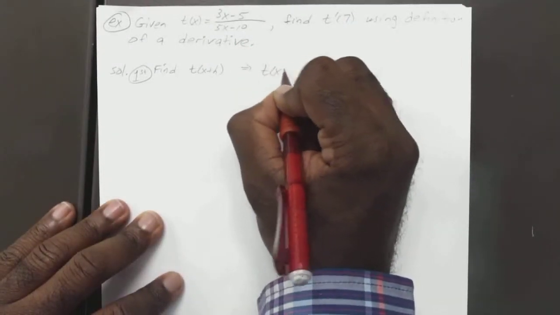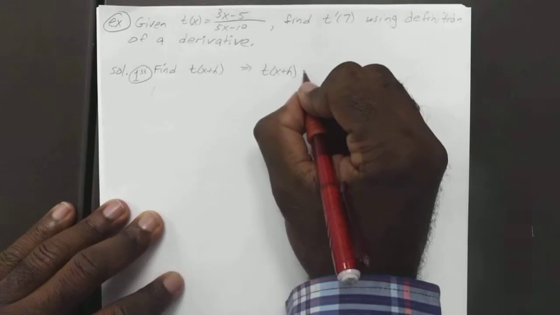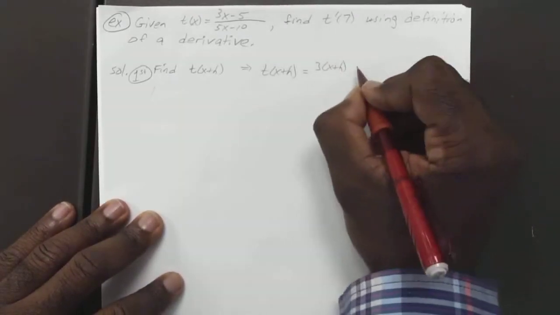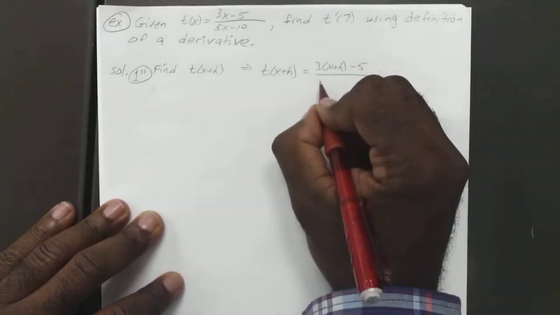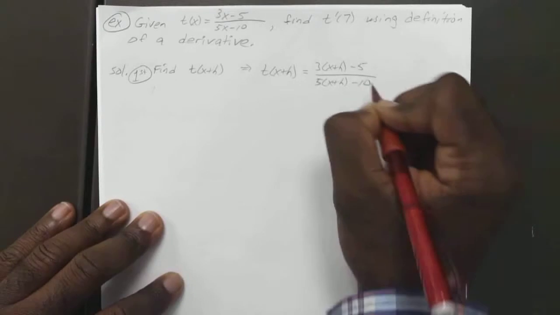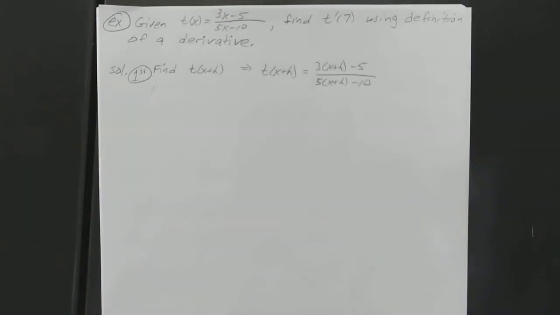So t of x plus h is going to equal 3 times x plus h minus 5 over 5 times x plus h minus 10. I'm going to leave it like that for now. I'm not going to distribute the 3 and the 5 just yet, and I'll show you why in a second.